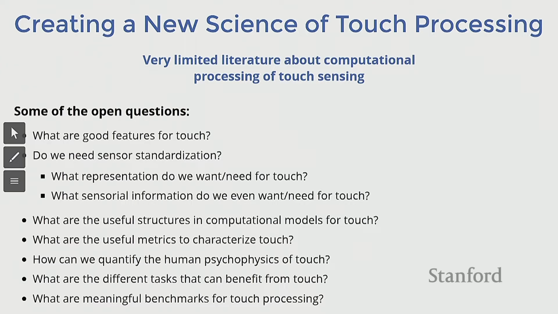Once we have standardized the hardware and the simulation, we can now focus on how we make sense of this. And really, what I'm aiming at is the fact that we will have to create a new field of computational science, which we call touch processing, whose goal will be to make sense of touch.